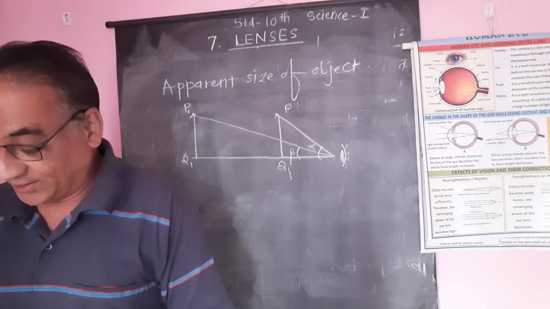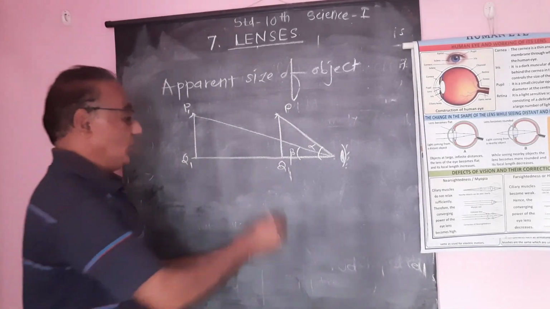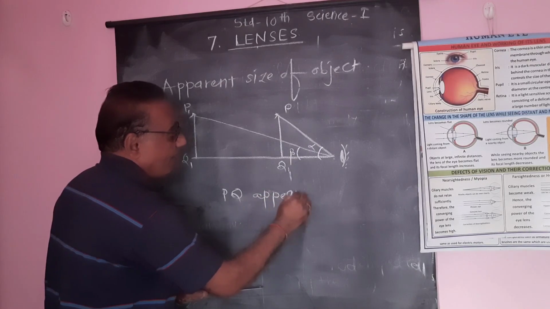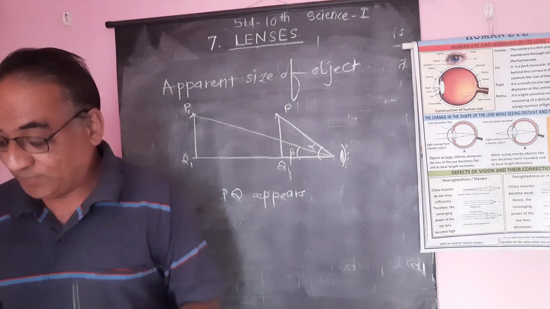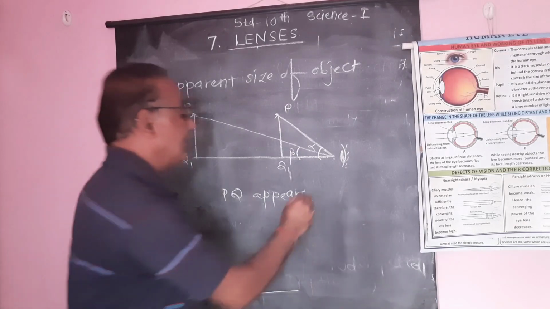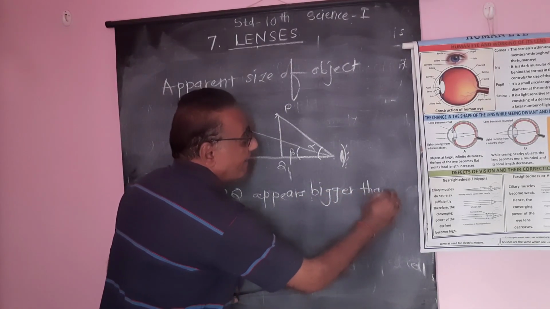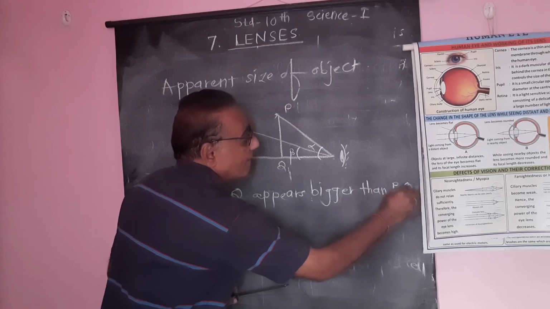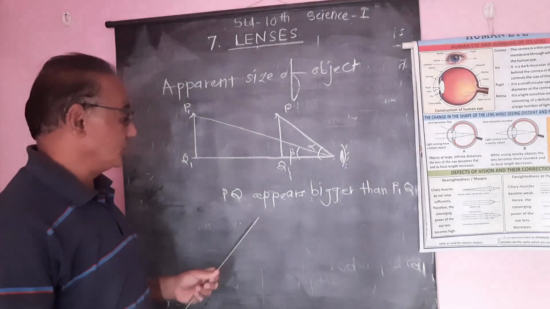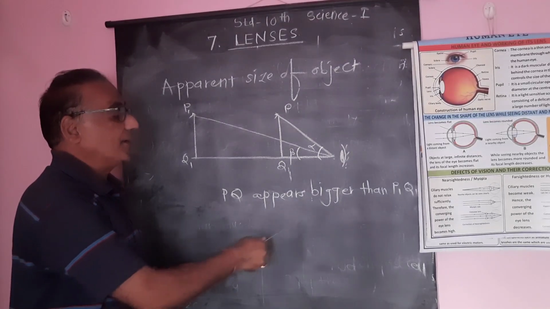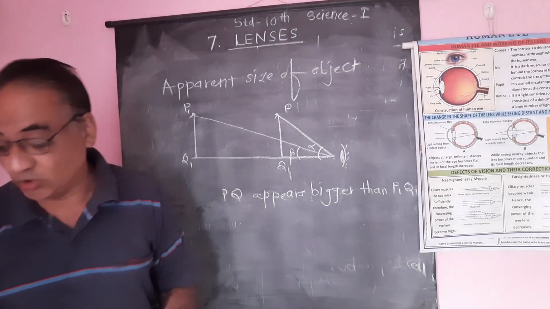Here we find that the object PQ appears bigger than P1Q1. Let me repeat: the object PQ appears bigger than P1Q1.